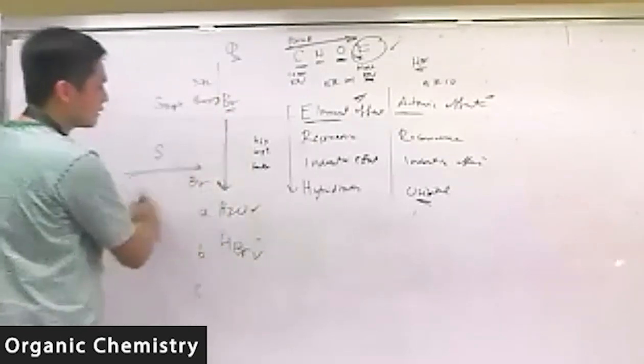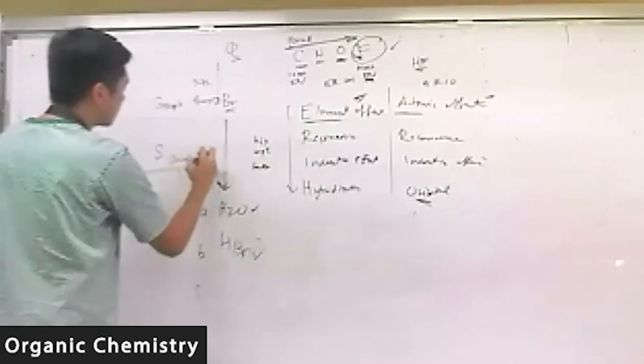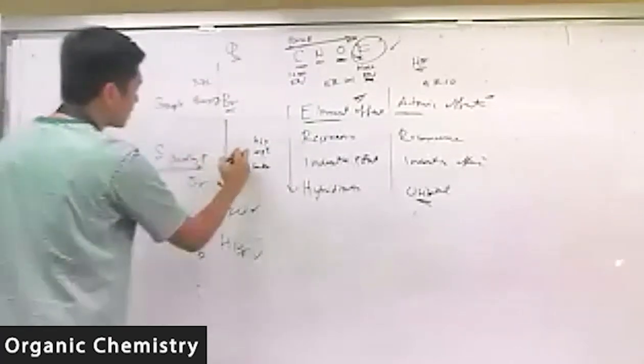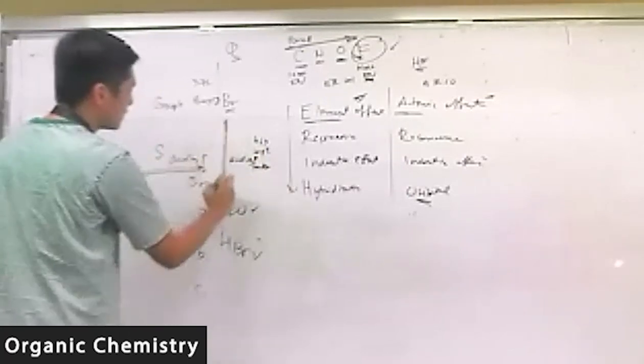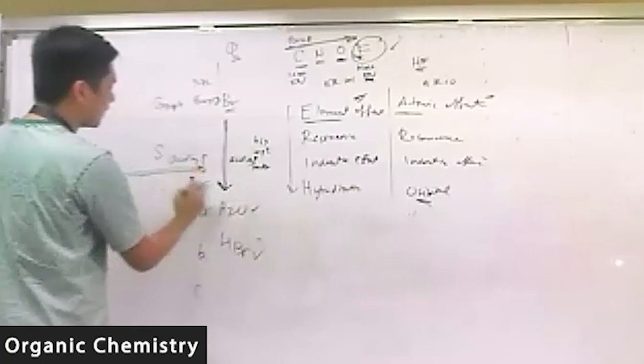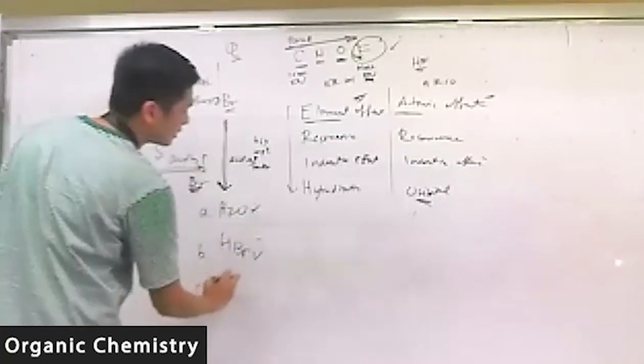What did we say when we go right? Increase in acidity when we go right. When we go down, increase in acidity. So naturally, HBr is the more acidic. So HBr ang tamang sagot dito.